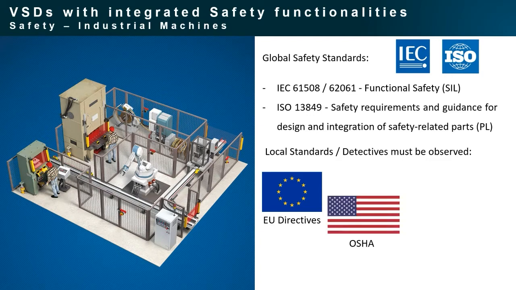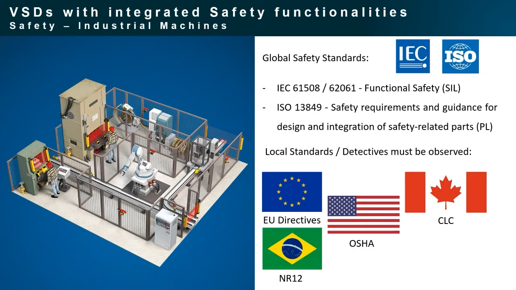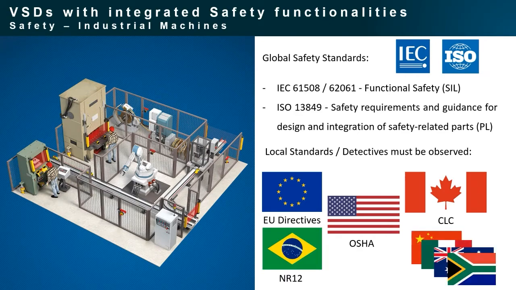In the USA, there is the Occupational Safety and Health Administration that also defines the main requirements for safety. And other countries as well, like Canada with the Canada Labour Code and Brazil with the NR12. Please evaluate if you have different safety recommendations in your countries.